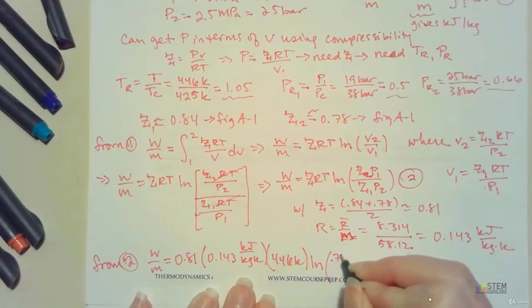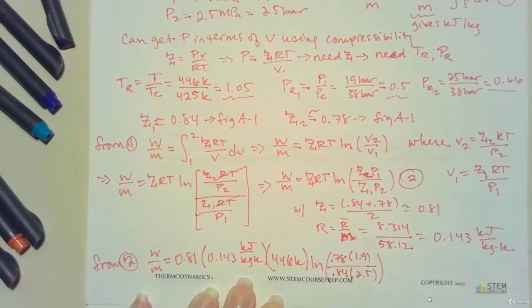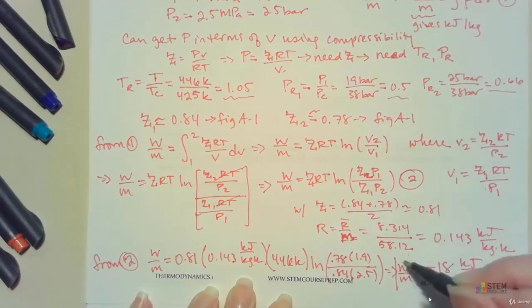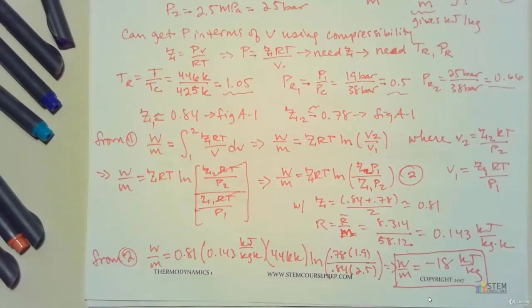So for here, you're going to have 0.78 times 1.9 over 0.84 times 2.5. And that's going to give you W over M equal to negative 18 kilojoules per kilogram. All right, we had just enough room there.